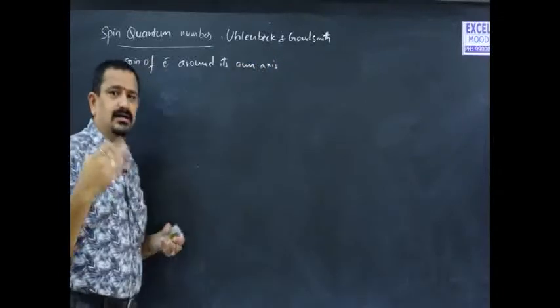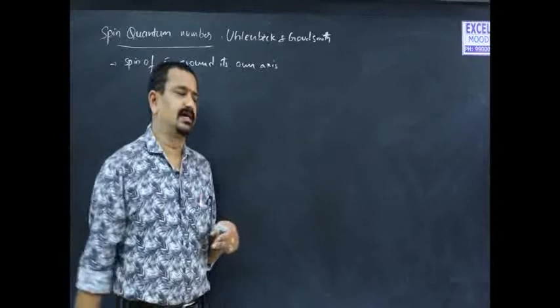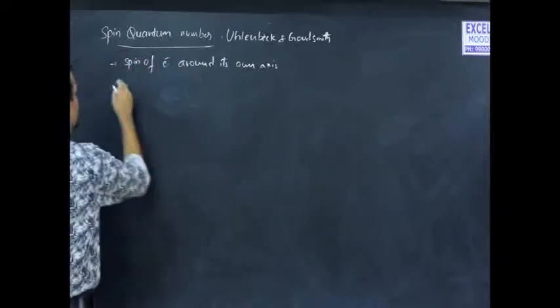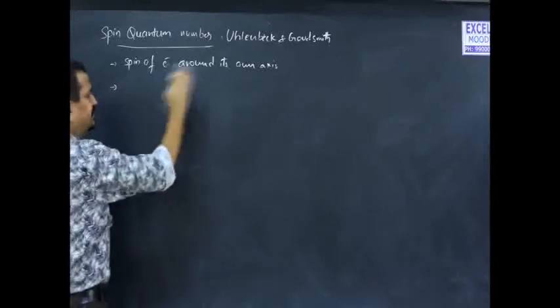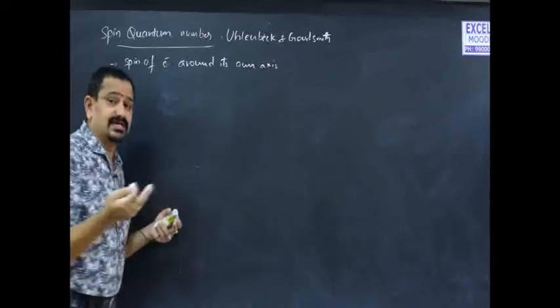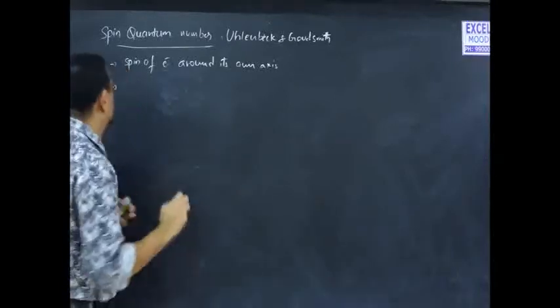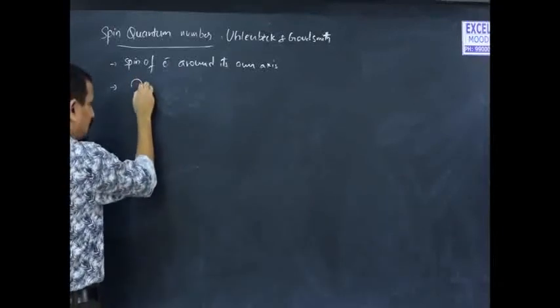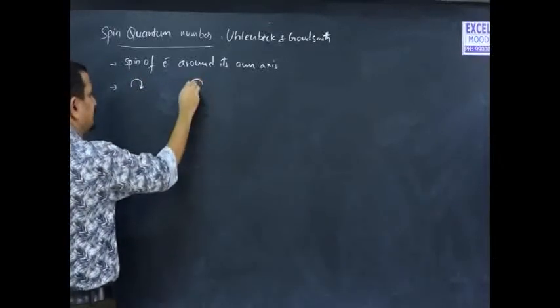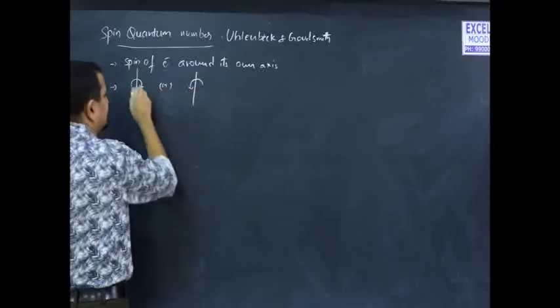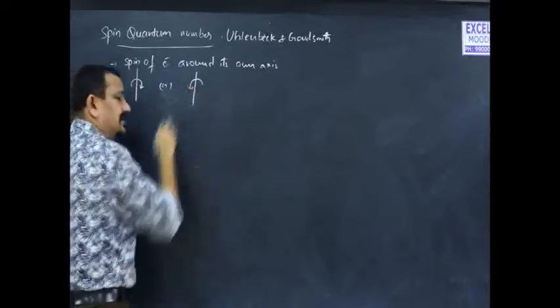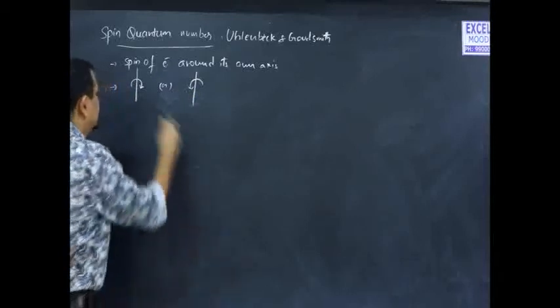Just like the Earth rotates around its own axis, the electron also rotates around its own axis according to this quantum number. The spin of the electron around its own axis is possible in two ways. What are those two ways? Either in a clockwise direction or in an anti-clockwise direction. Electrons can spin around their own axis either in clockwise or in anti-clockwise direction.